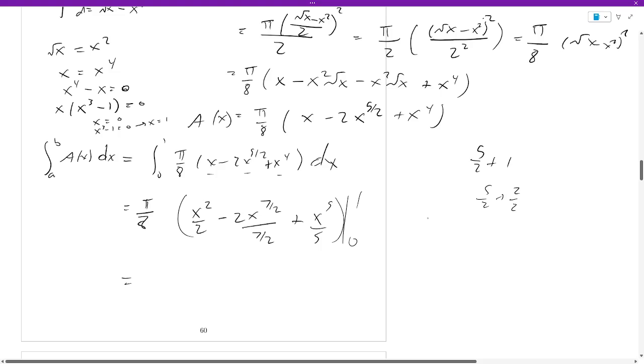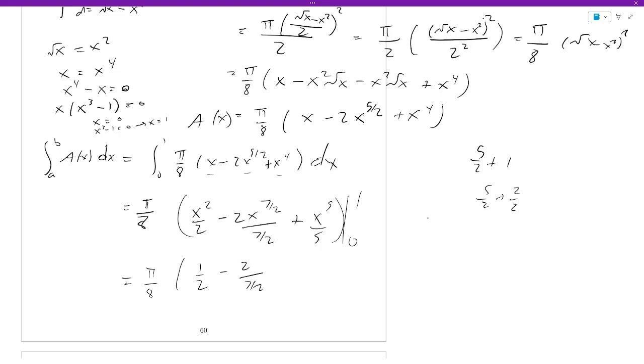Now, the reason this is not too bad to do by hand is because I'm plugging in 1 and 0, right? Wherever I plug a 1 in, the x to the whatever is just going to become 1. And wherever I plug in 0, it's going to be 0. So here I'm going to get 1 over 2 minus 2 times 1 over 7/2 plus 1 to the 5 over 5.